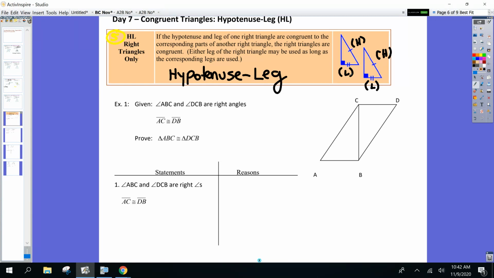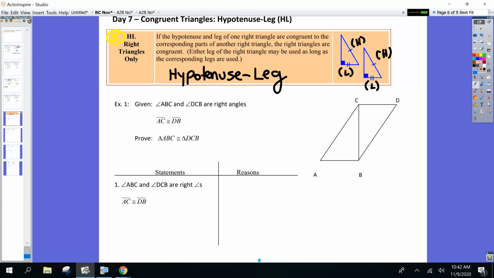What do you notice about the right angles? They are not in between the sides. So HL only works in one type of triangle, and that's a right triangle only. You can't pull HL out of any other triangle but a right triangle.